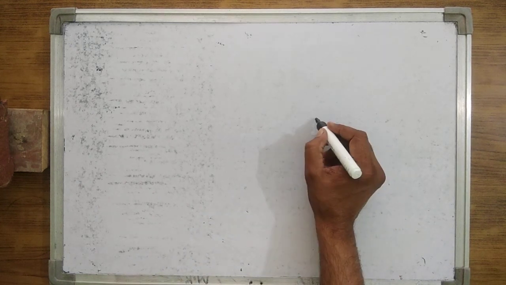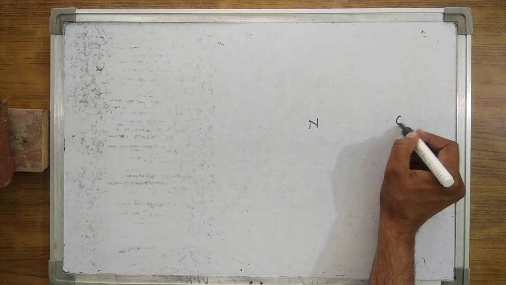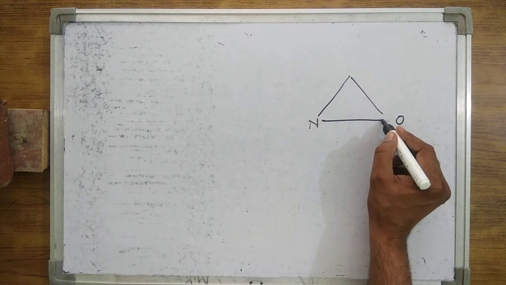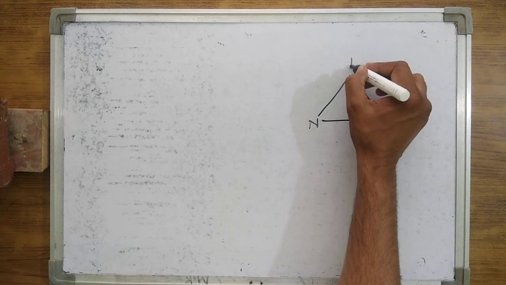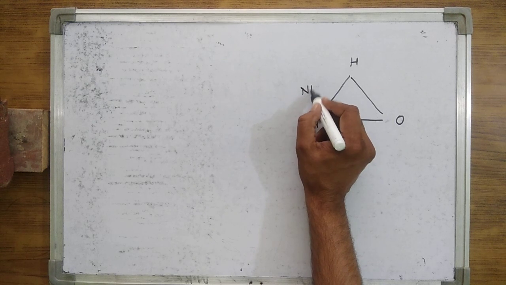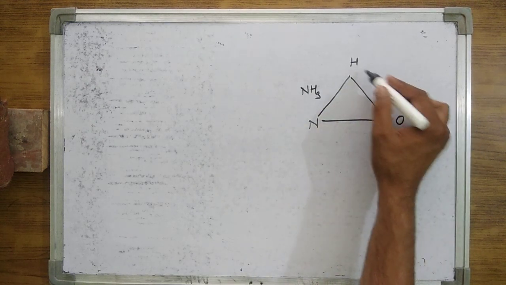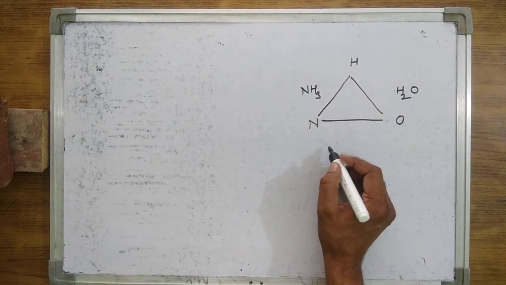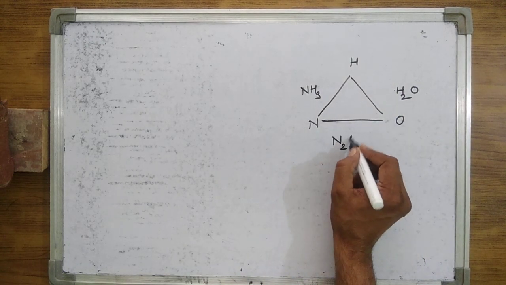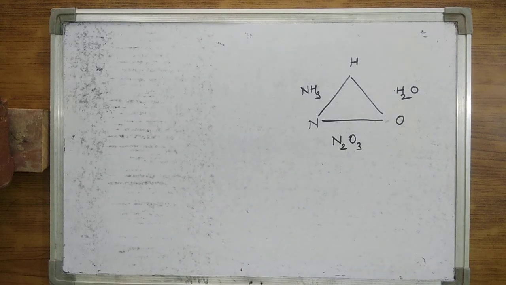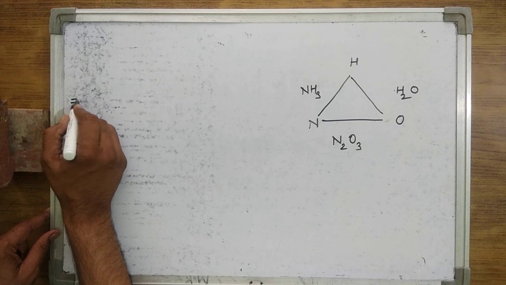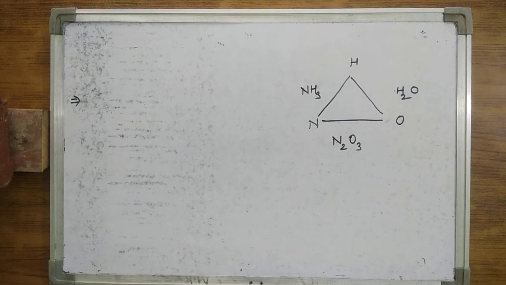See a numerical problem in which nitrogen and oxygen combine with a third element hydrogen to form ammonia and water, and nitrogen and oxygen combine to each other to form nitrogen trioxide. Now we prove this is according to the law of reciprocal proportions.